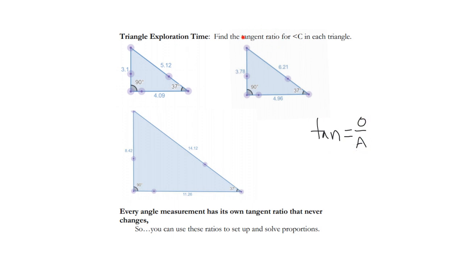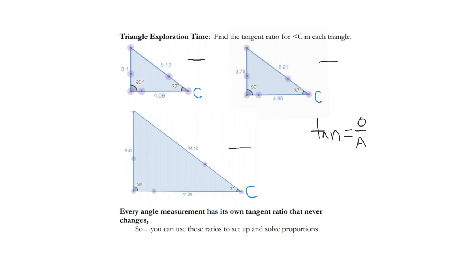We are going to find the tangent ratio for angle C in each of these triangles. Now, there is no C labeled here, so let's go ahead and do that. This is angle C, the 37-degree angle. Okay, so we are going to write our fraction opposite over adjacent for each of these triangles.